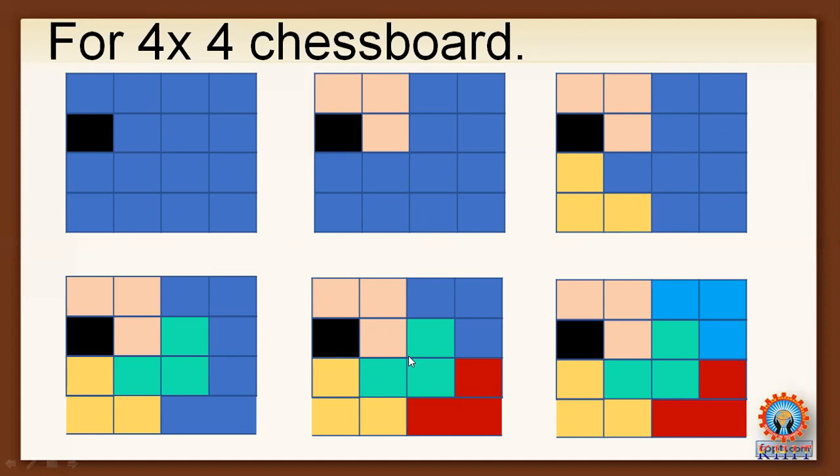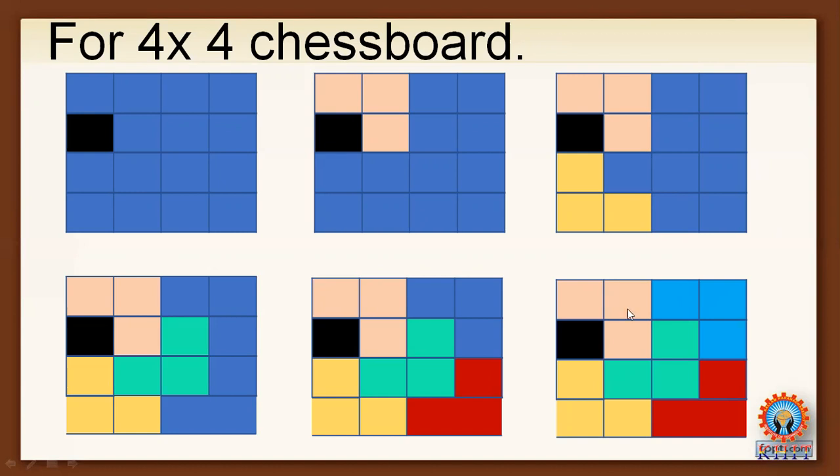And if you move to this part of the chessboard, one more L-shaped tromino is filled here, and the remaining part will be filled with another tromino. So in this 4 by 4 chessboard, this is considered as the defective square, and finally to satisfy the condition of the defective chessboard, we need to fill the remaining squares with trominoes or L-shaped pieces.